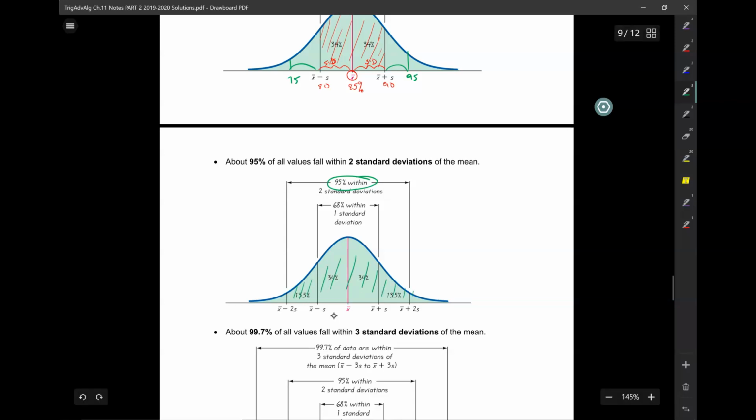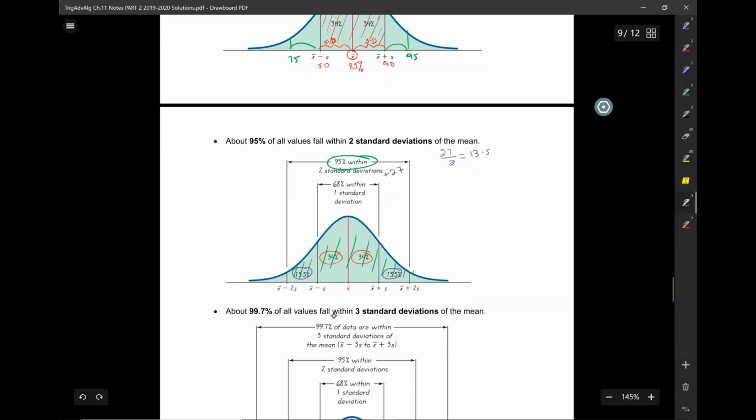And it's very symmetric. 34% lies within this region, 34% lies within this region, and then another 27% lies on the outside. What's 27 divided by 2? 13.5. So 13.5 lies here, 13.5 lies here.